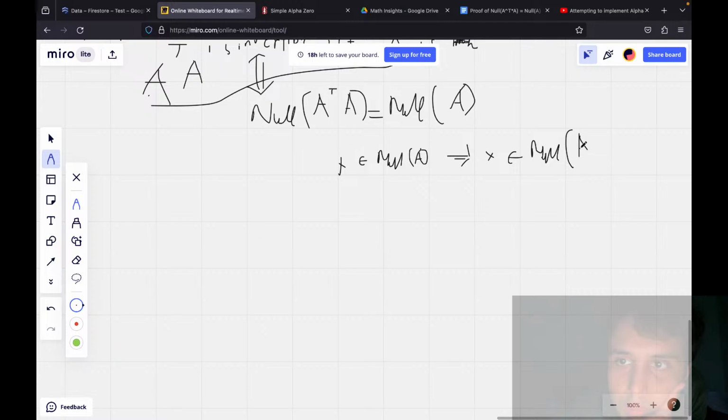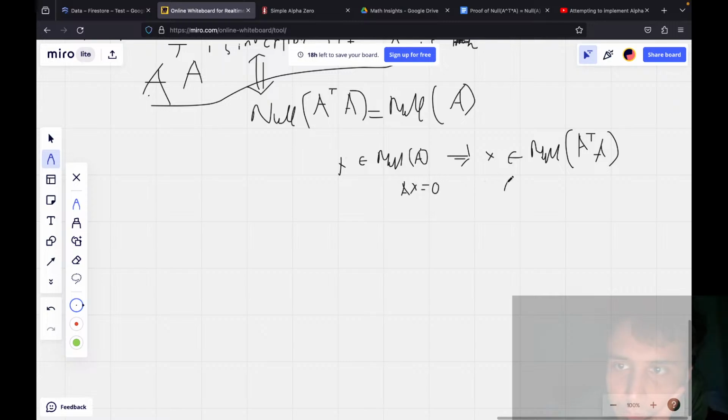Writing with this trackpad is so annoying. This is pretty obvious because if x is in the null space of A, then Ax equals 0.